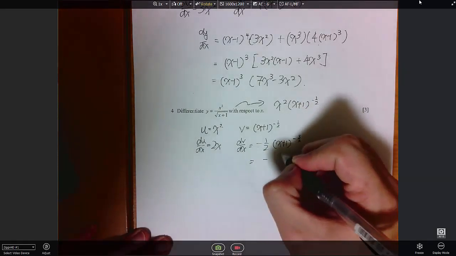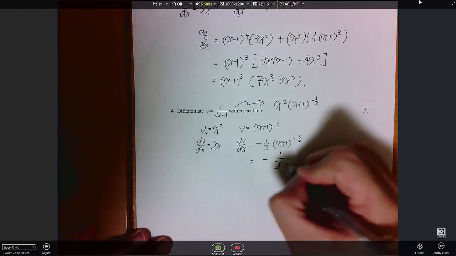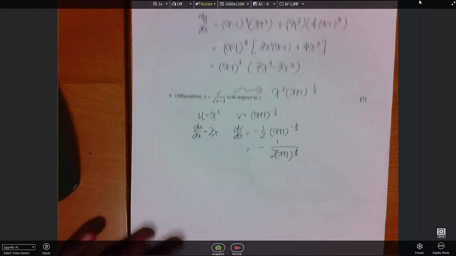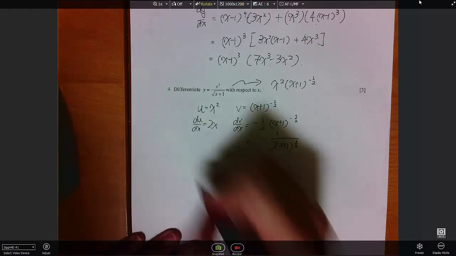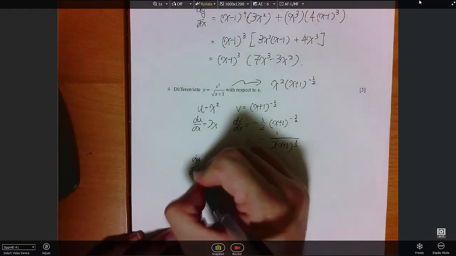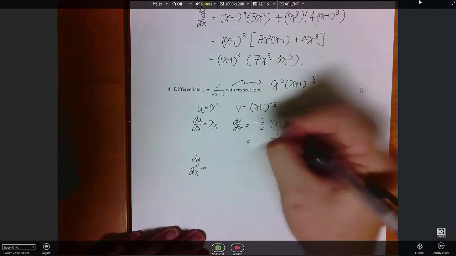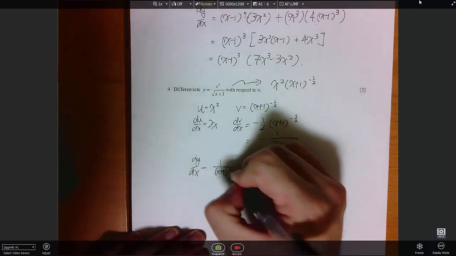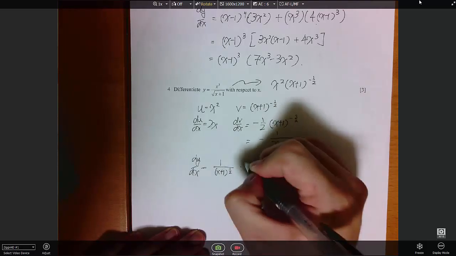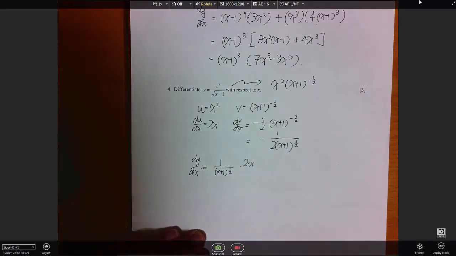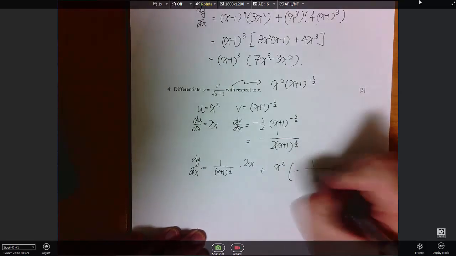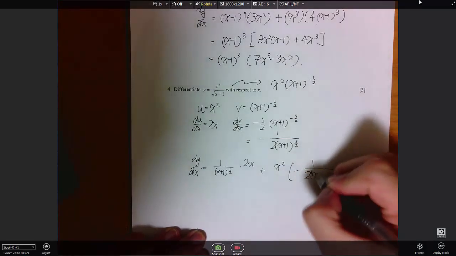You get negative 1 over 2 times x plus 1 to the positive 3 over 2, like this here. Then we will apply the product rule once again, which is v, 1 over x plus 1 to the power of half, times du dx, which is 2x, plus u, x squared, times dv dx, which is down here.